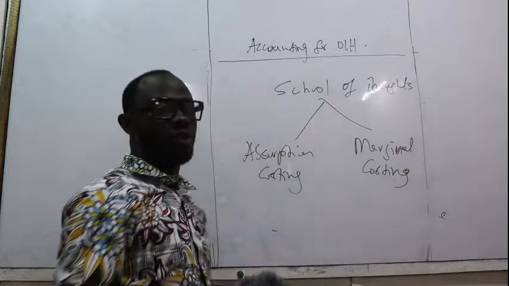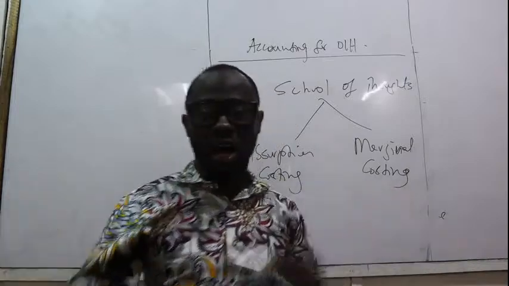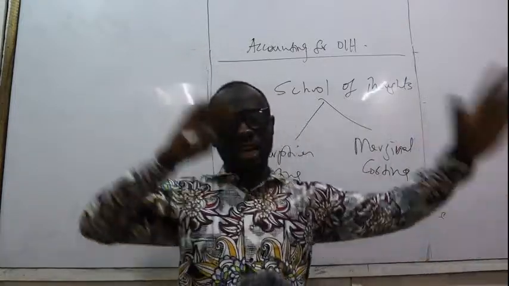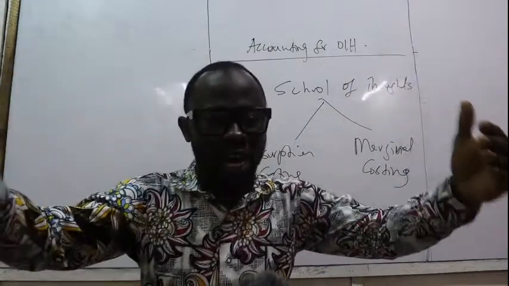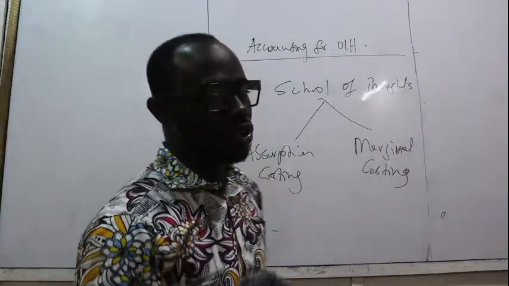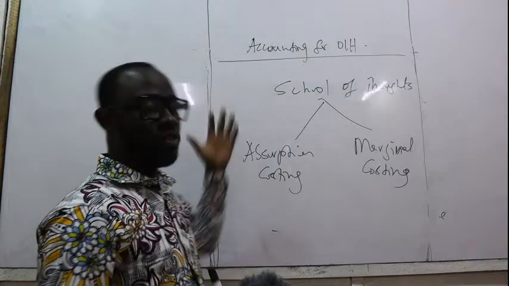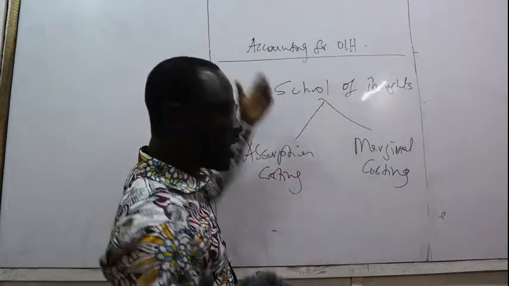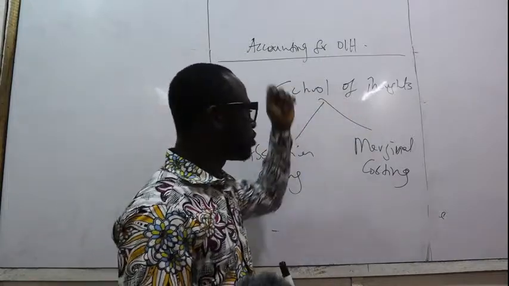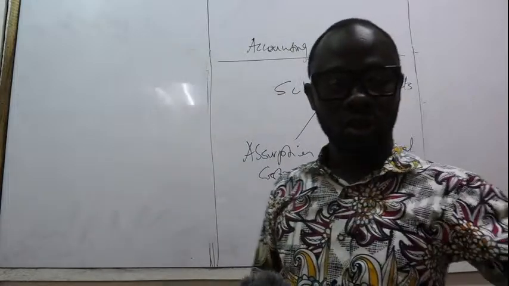So when it comes to accounting for overheads, how we deal with overheads, how we charge overheads, we need to look at the issue in relation to these two schools of thought. Either we are dealing with the absorption costing school of thought or the marginal costing school of thought.